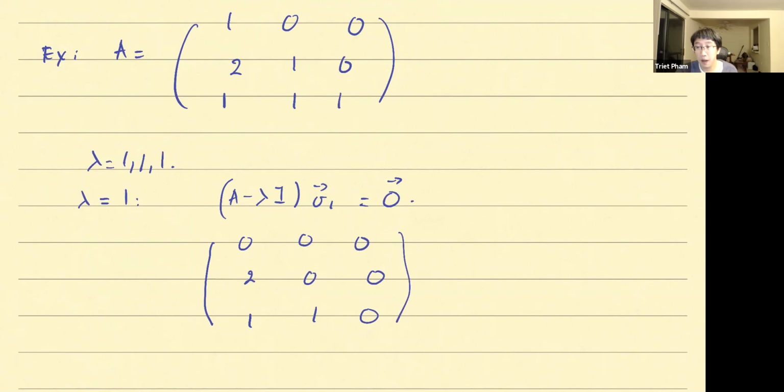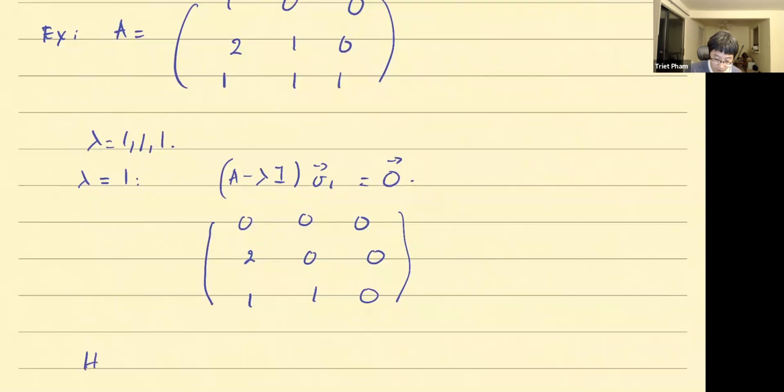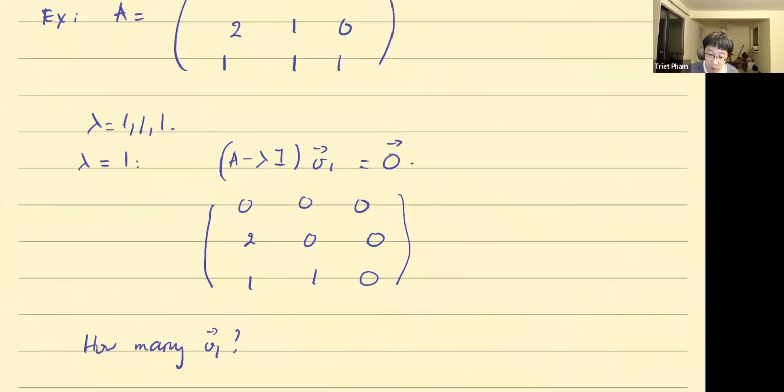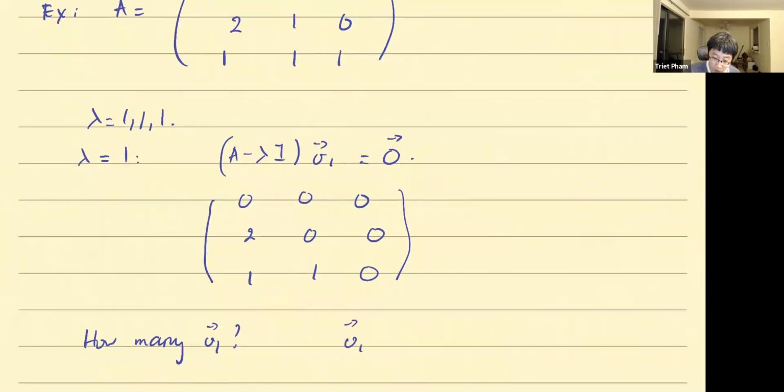Okay. How many v1 do I have here? One, right? One v1. Namely 0, 0, 1. And let's not forget to put a c1 in front. Is this okay?